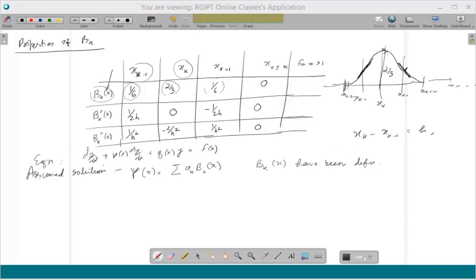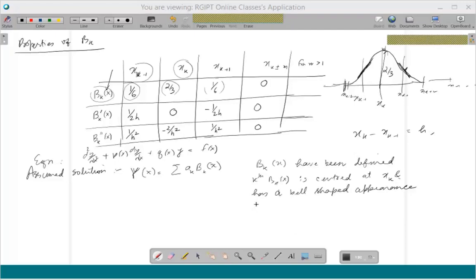Basically the kth b_k of x is centered at x_k and has a bell-shaped image, which is formed by stitching 1, 2, 3, 4 cubic functions, different ones, right?